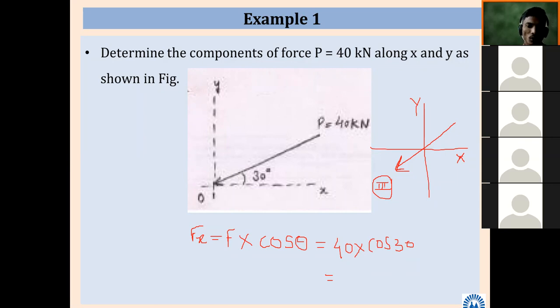Are you telling the value of cos 30 or the total 40 into cos 30? The total. Cos 30 is root 3 by 2, so the total is 20 root 3. Can you tell it in decimal? Your calculator is not with you.